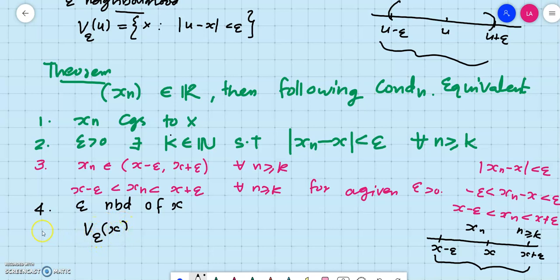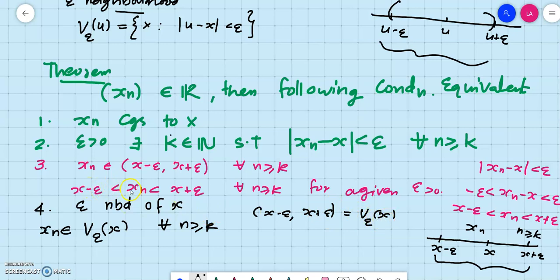So what we have established is that xn belongs to v epsilon of x for all n greater than or equal to k, which is clear from this statement: x minus epsilon less than xn less than x plus epsilon for all n greater than or equal to k. The interval x minus epsilon comma x plus epsilon is denoted as v epsilon of x.